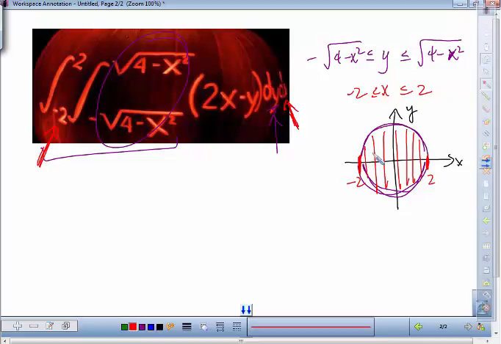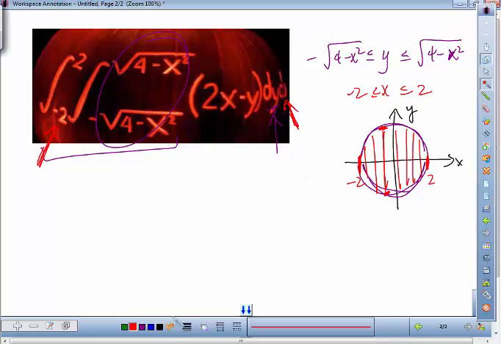And the way this integral is set up, we're going to integrate with respect to y first, and then your y limits go from the bottom half of the circle to the top half of the circle, and then we're going to make those slices from minus 2 to 2, and so we would recover this whole circle.